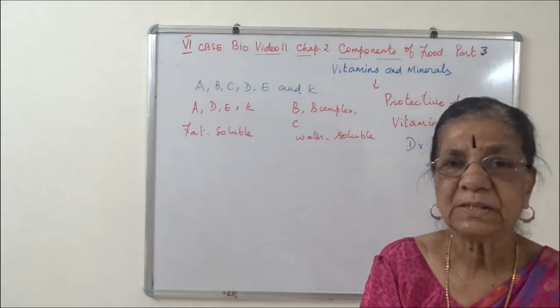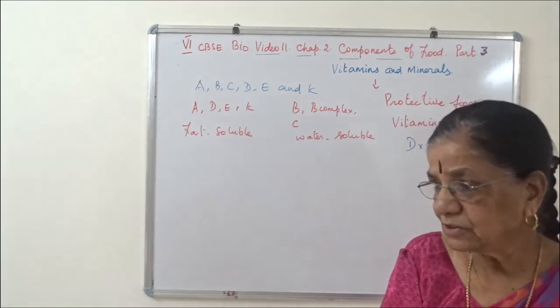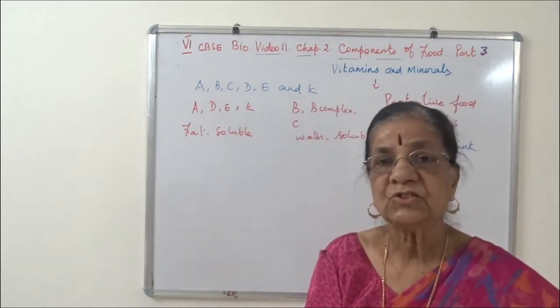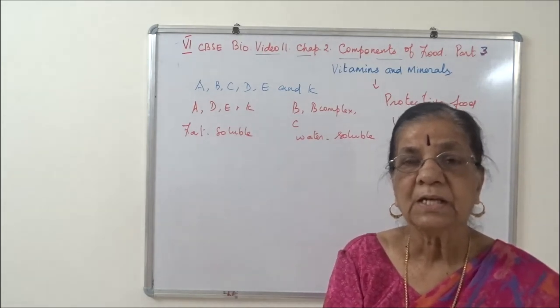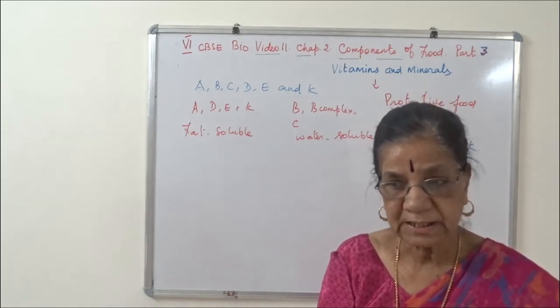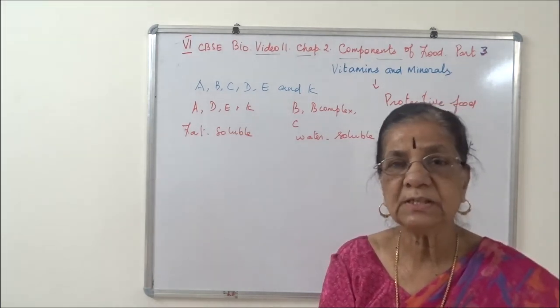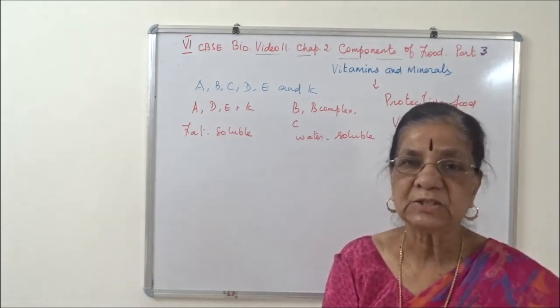What do you understand by these two terms? Water soluble: these vitamins are soluble in water easily. Whereas fat soluble vitamins dissolve in fat. The food that we are taking, when the vitamins are with the fatty substances, they get dissolved.